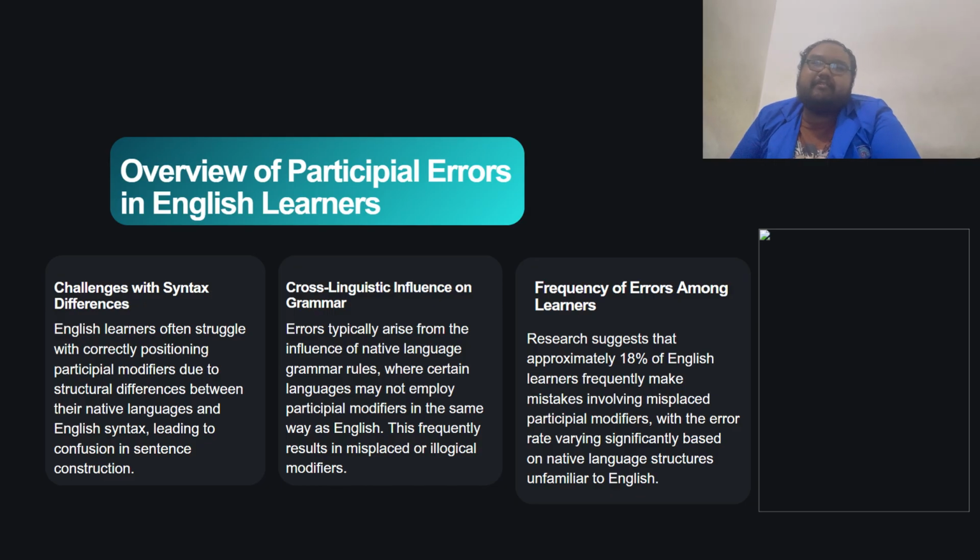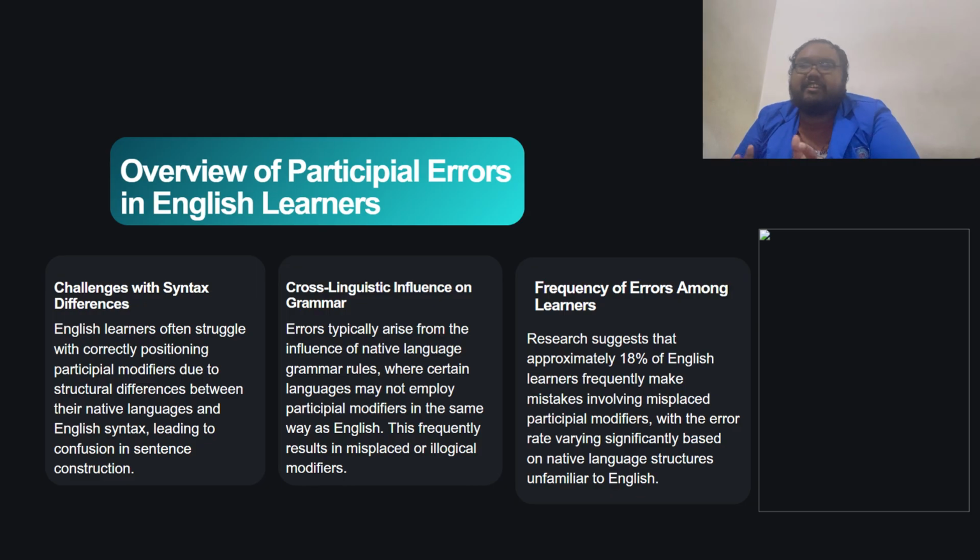Now, a field of possible errors in English learners. Challenge with syntax difference. English learners often struggle with correctly positioning participial modifiers due to structural differences between their native language and the English language, leading to confusion in sentence construction. Cross-linguistic influence on grammar.